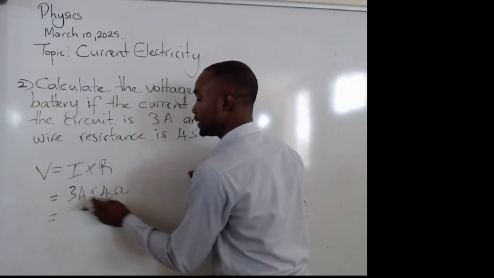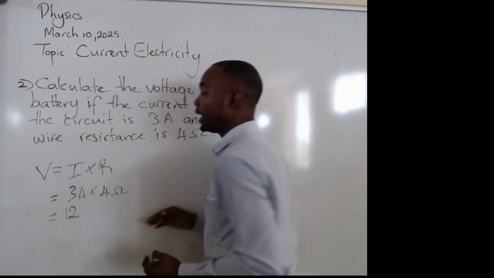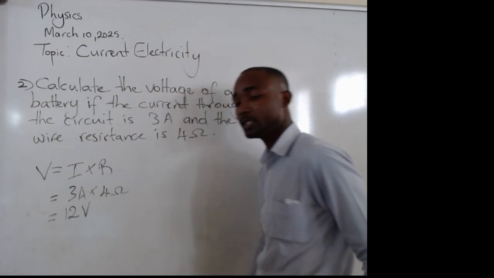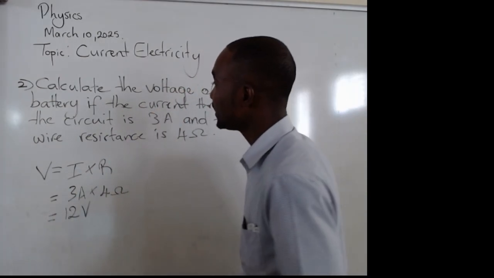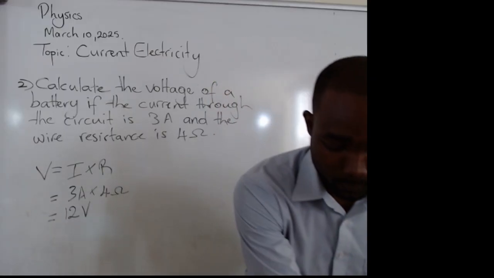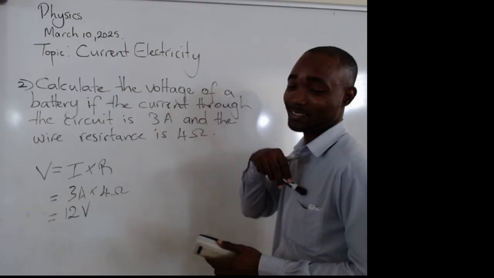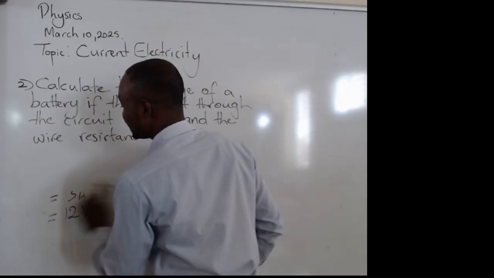And when we multiply the numbers, 3 times 4 is 12. And what would be the unit for voltage? We get 12 volts, and we write capital V. Easily done. If you got that right, you can go ahead and pat yourself on the back. We move on yet to another one.